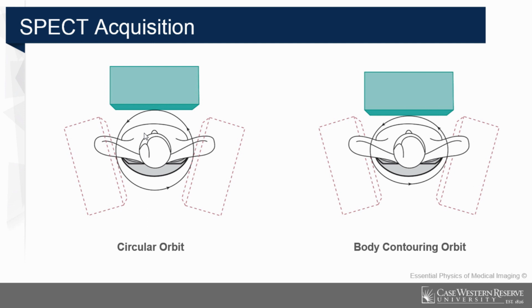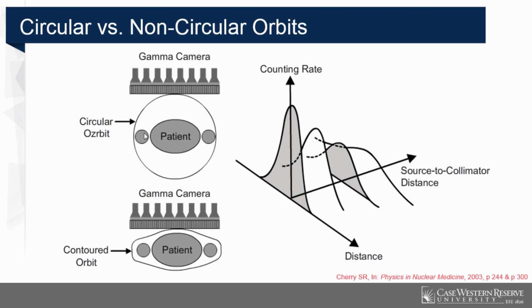But since position matters, as we showed, if you put the point source closer to it, or move it away, it matters in terms of spatial resolution. So what we want to do is place the gamma camera as close as possible to the human body contour. So in a sense, we are doing contouring imaging because the position matters. So we need to correct for this before we do reconstruction.